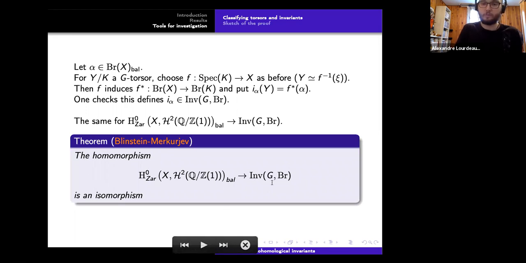So every Brauer invariant of G comes from a unique element of this group, which is actually the unramified elements of X in H2. Well, never mind.